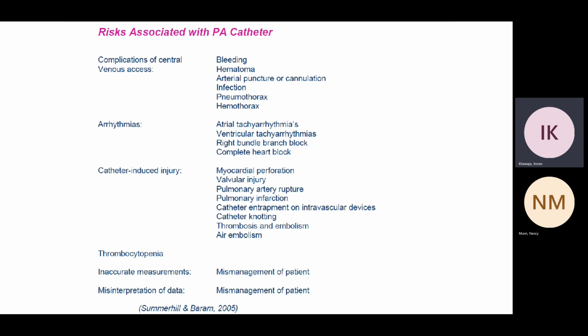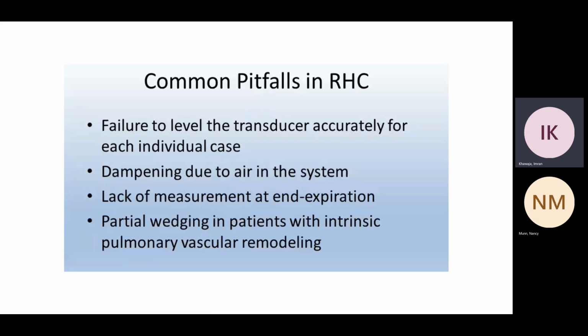If patients have an AICD, your catheter might loop around the AICD wires, or when trying to pull the catheter out, it might tangle around the wires of the pacemaker. So be mindful of that. And of course, inaccurate measurements and misinterpretation of the data, which is the biggest issue with PA catheters.